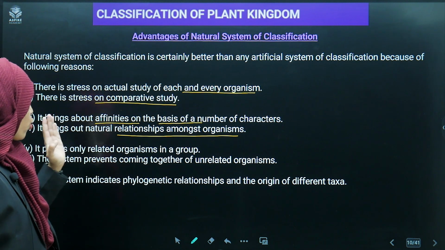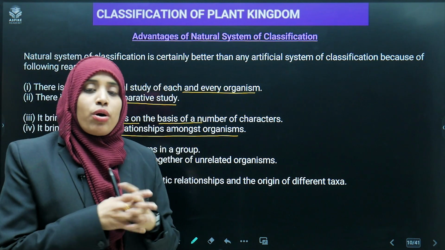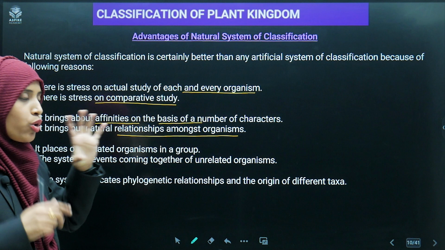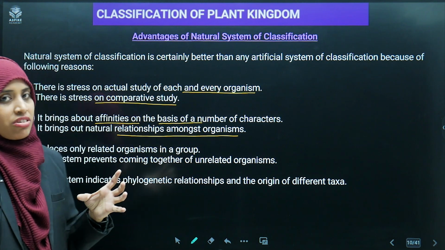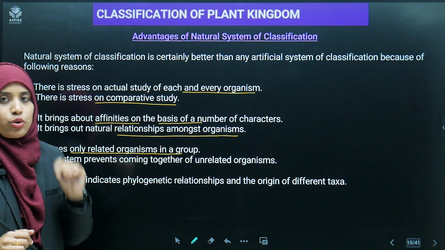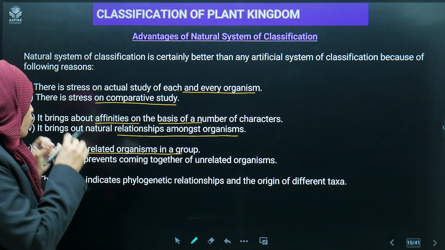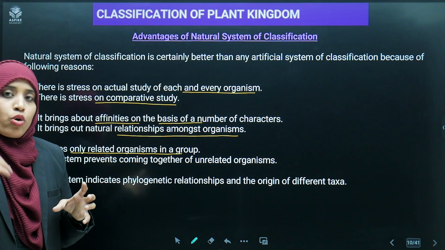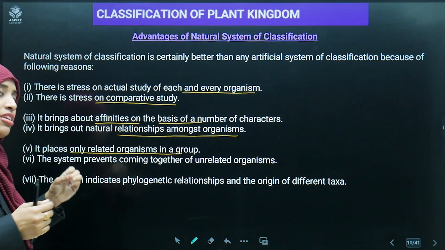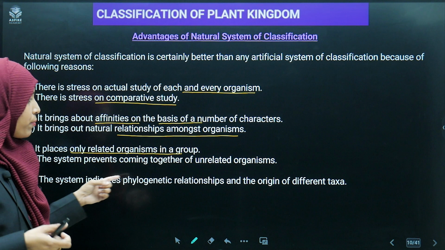So it places only related organism in the group. तो natural system में क्या हुआ, बहुत सारे characters को लेके जब comparison किया गया, so in the groups in which the organisms are classified, so that was having only related organism in a single group. क्योंकि बहुत सारे characters को लेके हमने study किया, तो until and unless more and more character will be similar, तब तक उन्हें एक ग्रुप में तो नहीं रखा जाएगा. That means only related organism will be there in a single group.